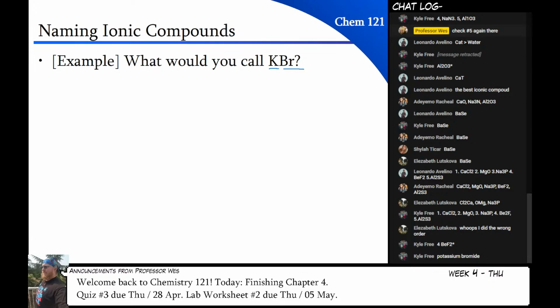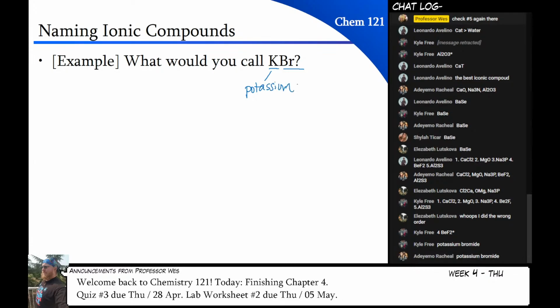All right, what element is K? This is potassium. And then what is Br? This is bromine, but I'm going to add ide to it instead. And there's the name, potassium bromide. Now, you'll notice here that the P is capitalized, and the reason for that is because it has automatically capitalized it as the start of a sentence.